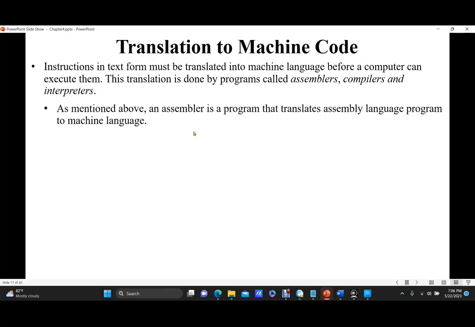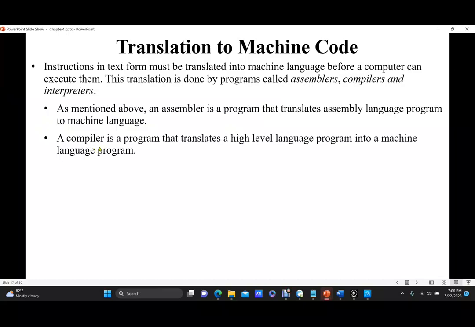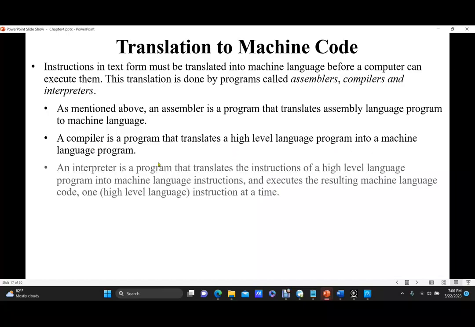As we mentioned above, an assembler is a program that translates an assembly language program into machine language binary codes. A compiler is a program that translates a high-level language program into a machine language program. An interpreter is a program that translates instructions in a high-level language into machine language instructions.